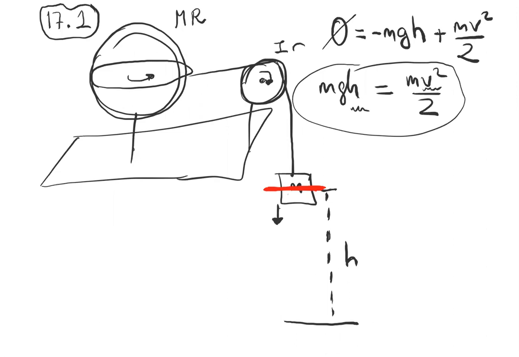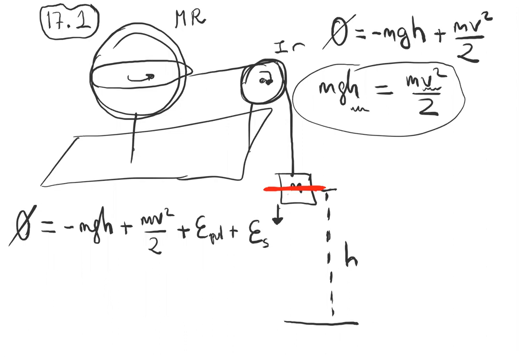So my true conservation of energy is that the energy is zero at the beginning, and then I have my negative mgh, then I have my mv squared over 2, but that's not all. I also have rotational energy of my pulley, plus energy of the spherical shell.